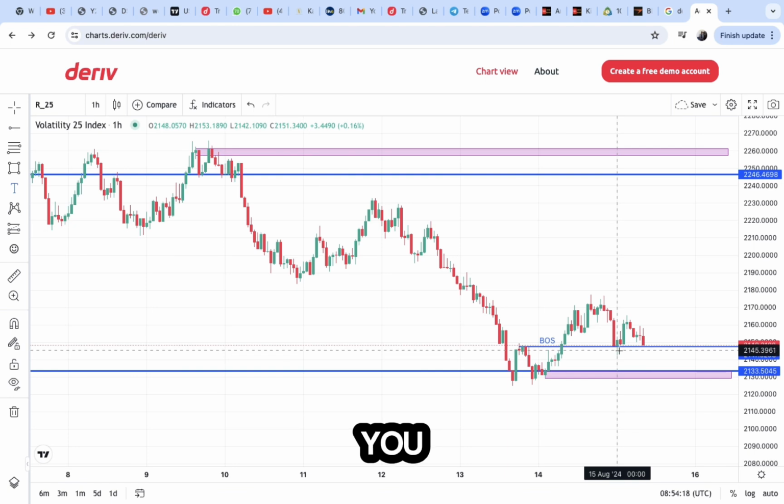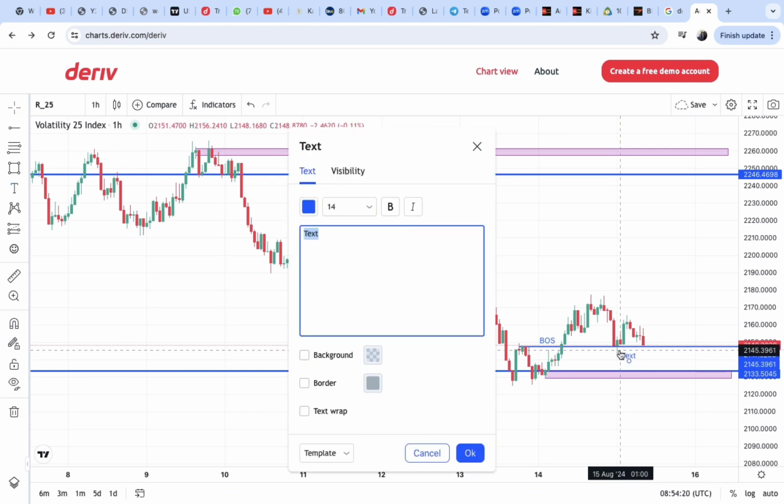For example, you'll see in H1, on that level of break of structure, there was a pin bar formed, which shows that it was trying to retest the level of break of structure. But for us, remember, we marked our demand level, and that pin didn't touch the demand level.